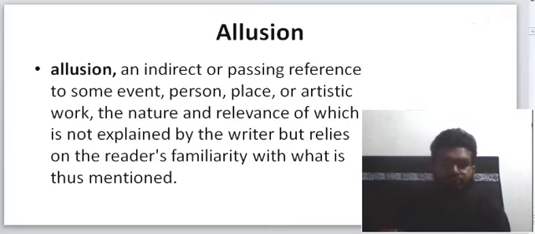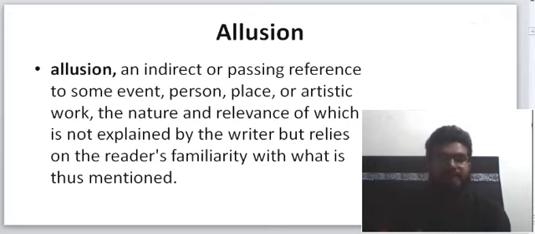He invites you to relate the current reading to something that is outside it. So, you relate both of these things, and then you understand the idea that the writer wants to get across to you. And the second thing that is important here is that the nature and relevance of which is not explained by the writer.